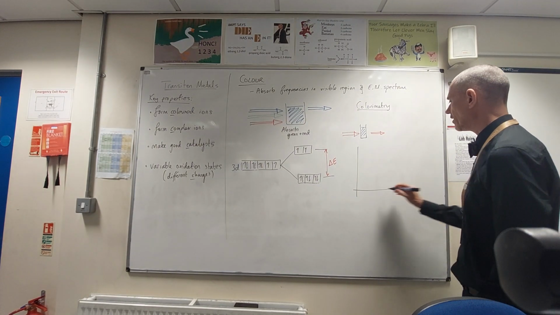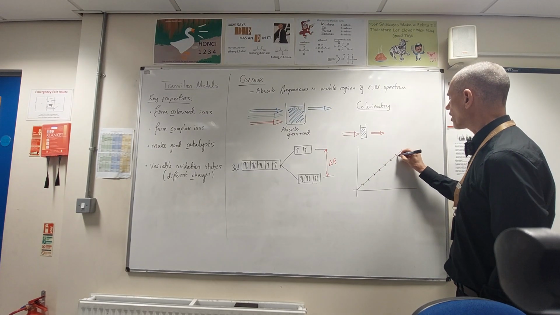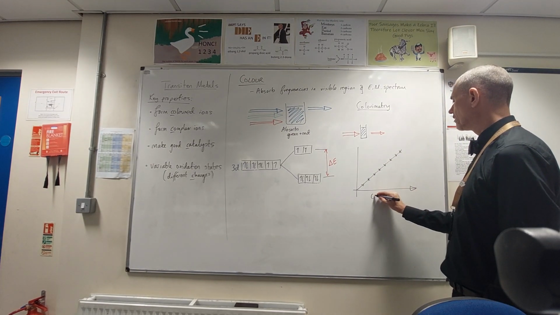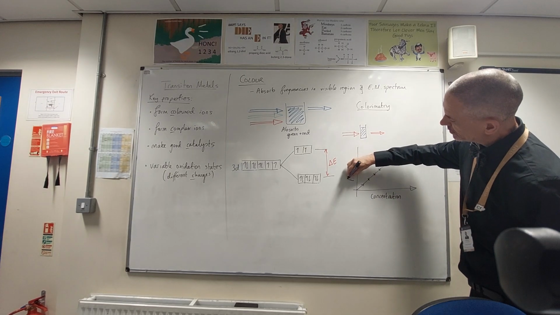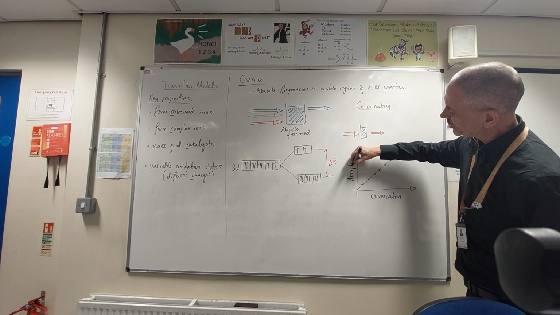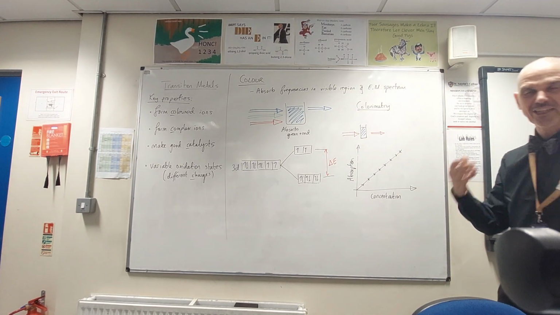So you can draw a straight line graph, directly proportional, of concentration to what's called the absorption, which is just a measure of the amount of light absorbed, usually as a fraction of 1.